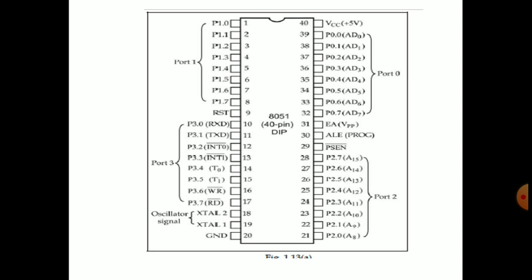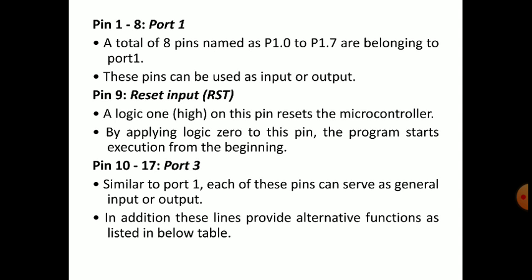P3.6 is write bar. P3.7 is read bar. So pin 10 to 17, that is port 3, is similar to port 1.